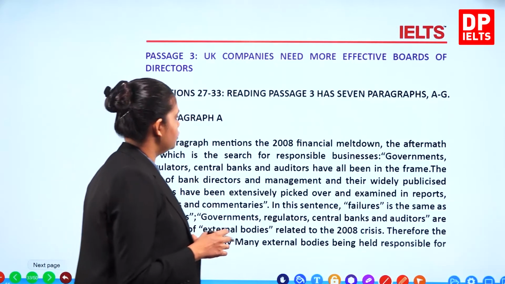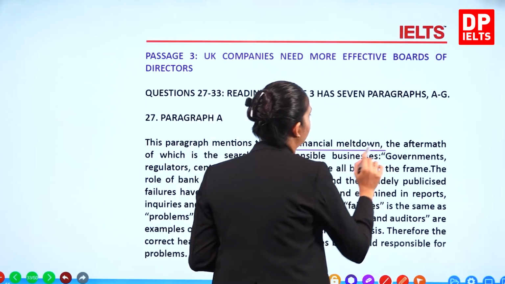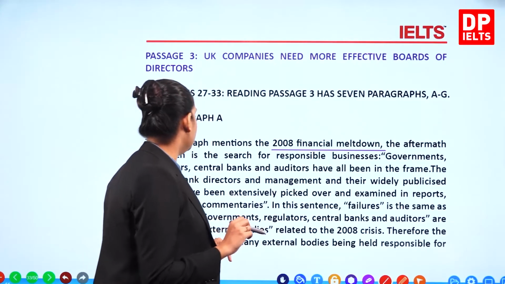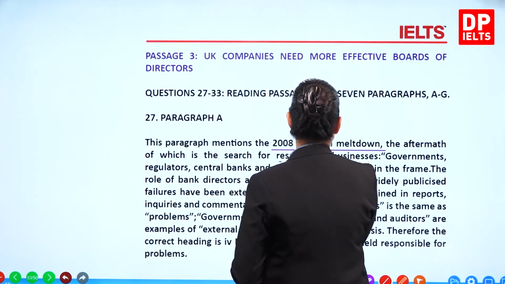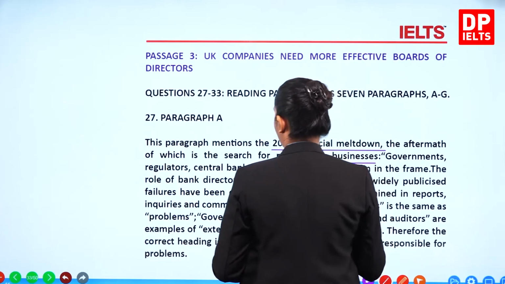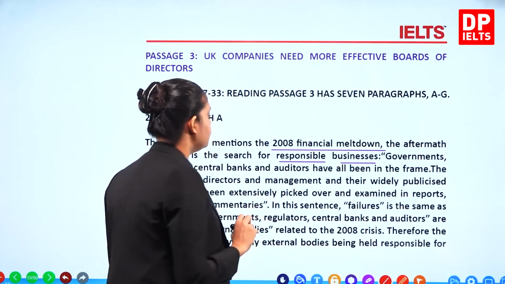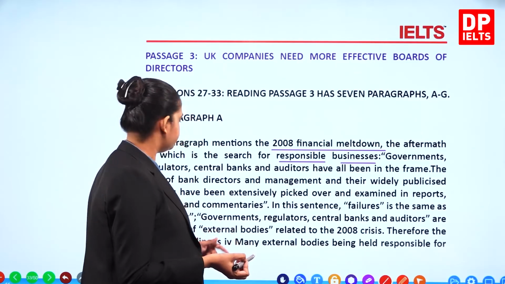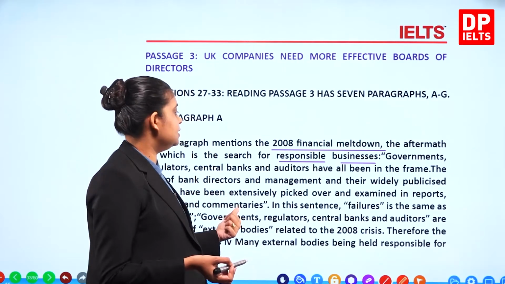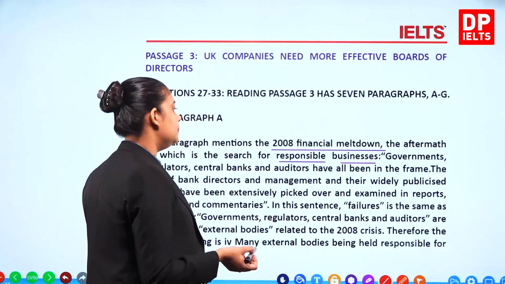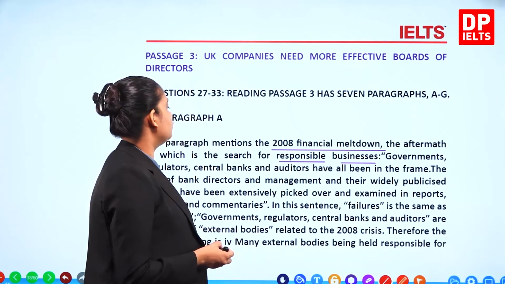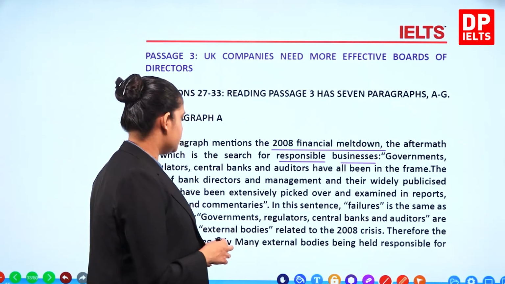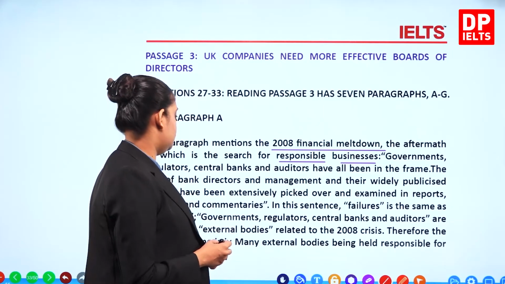This paragraph mentions the 2008 financial meltdown, the aftermath of which is the search for responsible businesses. Government regulators, central banks, and auditors have all been in the frame. The role of bank directors and management and their widely publicized failures have been extensively picked over and examined in reports, inquiries, and commentaries.